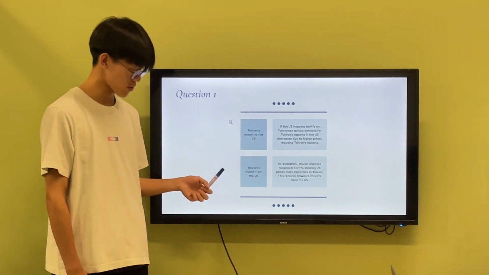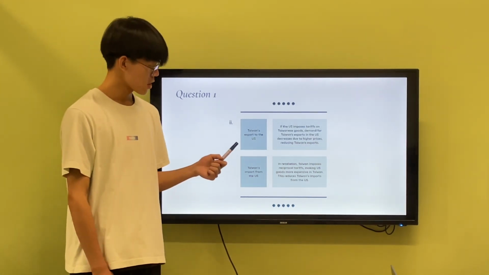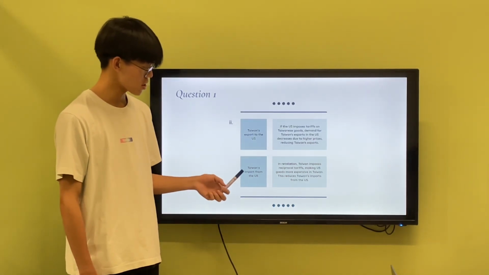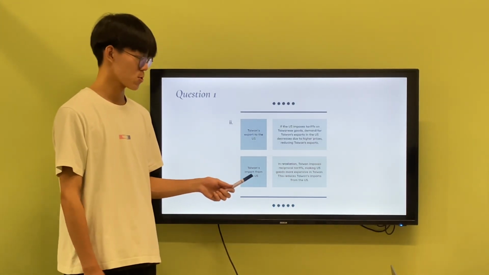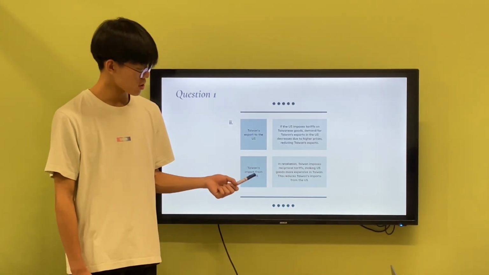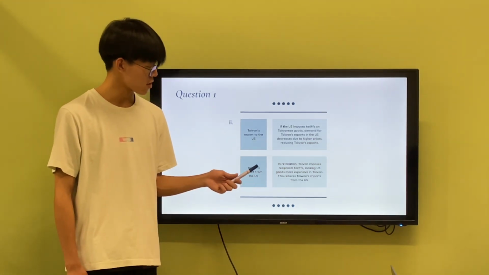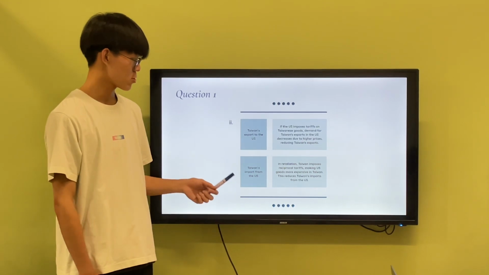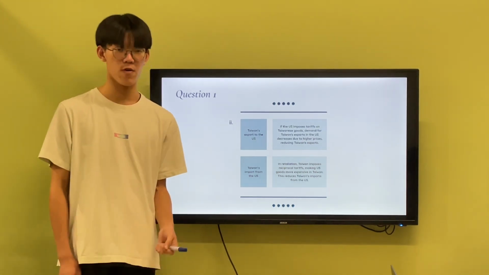And for Taiwan's imports from the U.S., in retaliation, Taiwan imposes a reciprocal tariff on the U.S., making U.S. goods more expensive in the Taiwanese market. This reduces Taiwan's imports from the U.S.